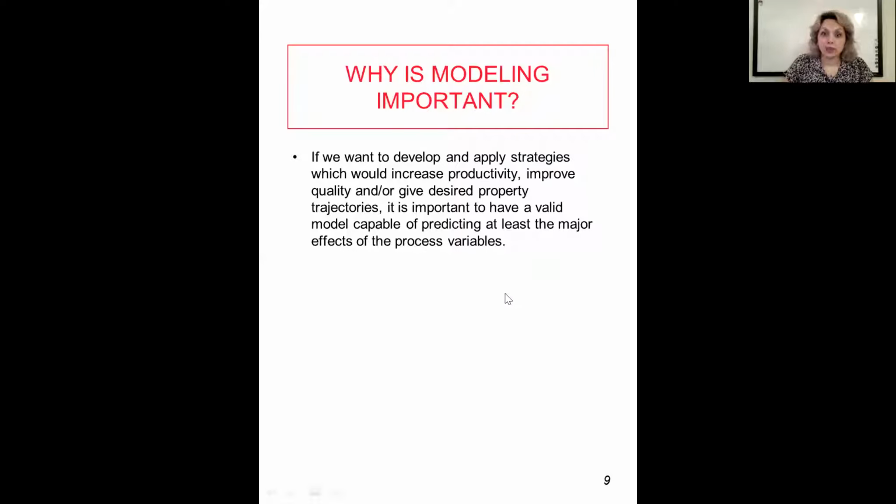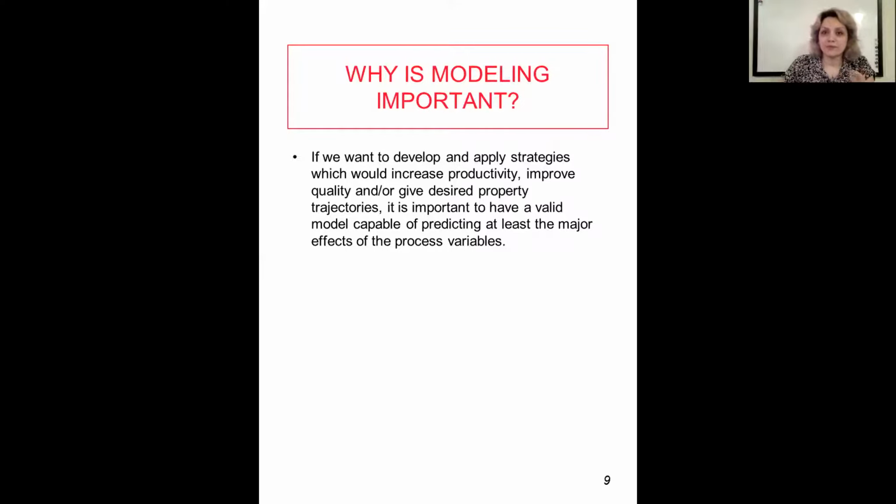Why is modeling important? If you want to develop and apply a strategy which would increase productivity, or if you want a more efficient model that goes to the optimum point, you need to have a good model.